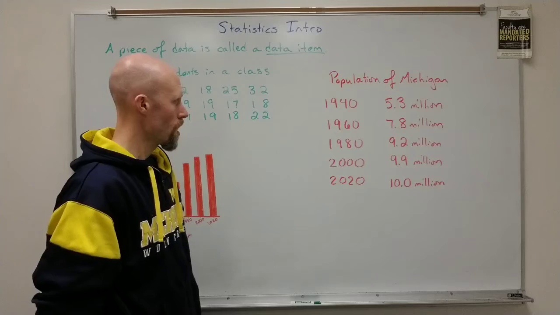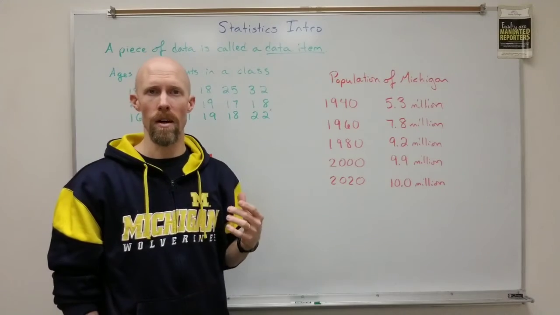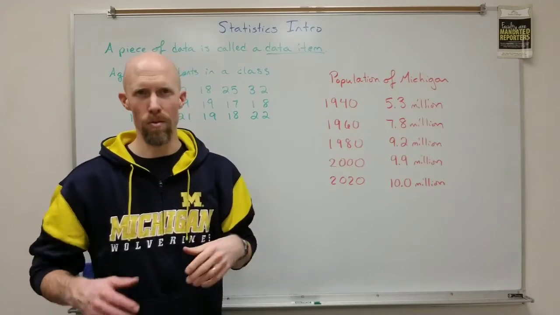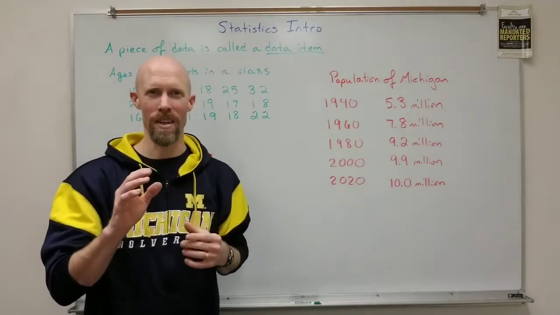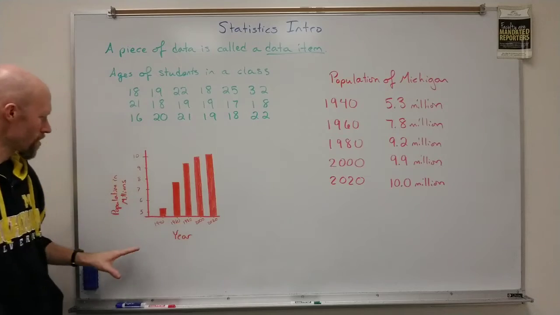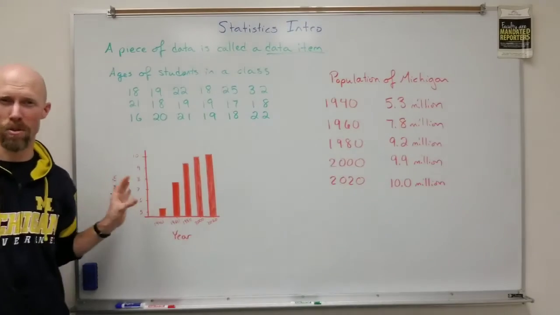And so one way to represent this would just be with a bar chart, bar graph, or like a frequency distribution sort of thing. Anyway, so here's an example of how you could represent this data with a bar graph.